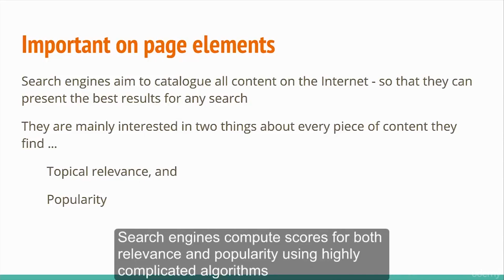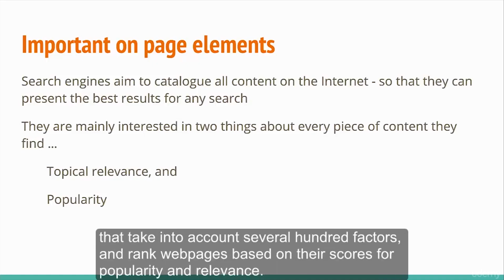Search engines compute scores for both relevance and popularity using highly complicated algorithms that take into account several hundred factors and rank web pages based on their scores for popularity and relevance.